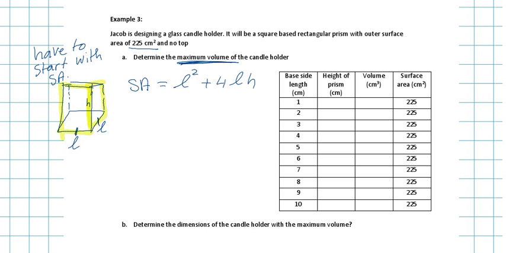I know that my surface area is 225 and it's not going to change. I don't know my L, I don't know my H. So this is where I have to pick numbers for L and solve for H, or pick numbers for H and solve for L. Which one is easier to isolate for, H or L?